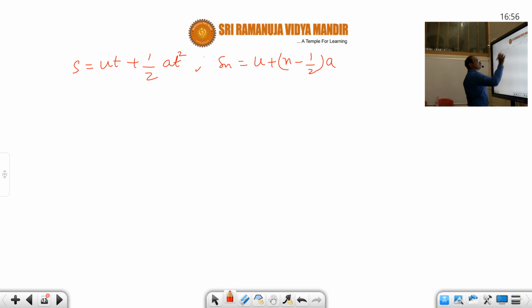Now we'll see one application. Let us take a particle started from rest, that means starting velocity equal to 0, traveling with uniform acceleration.